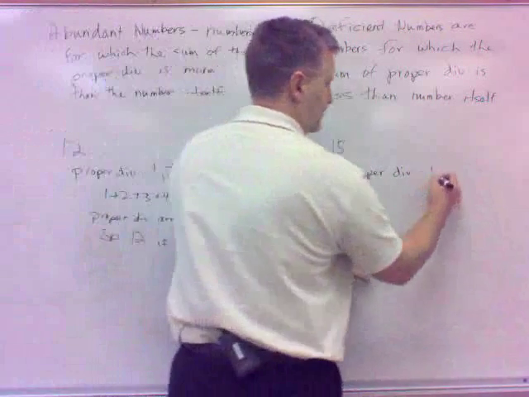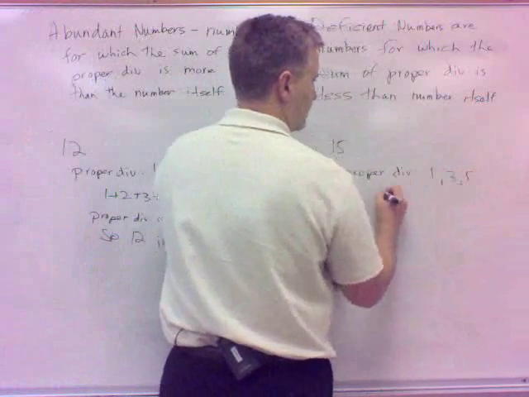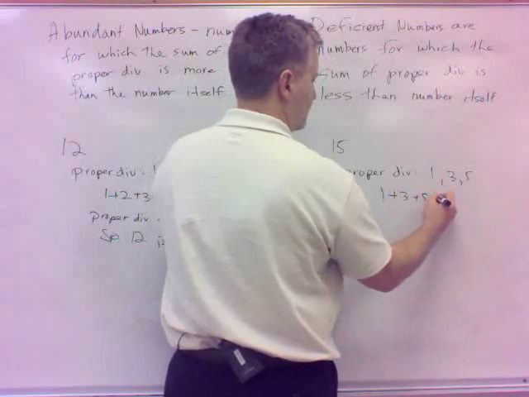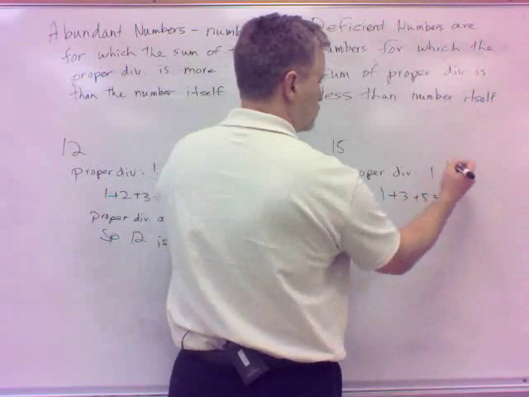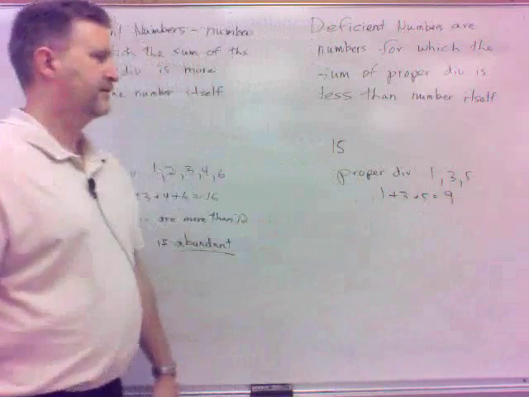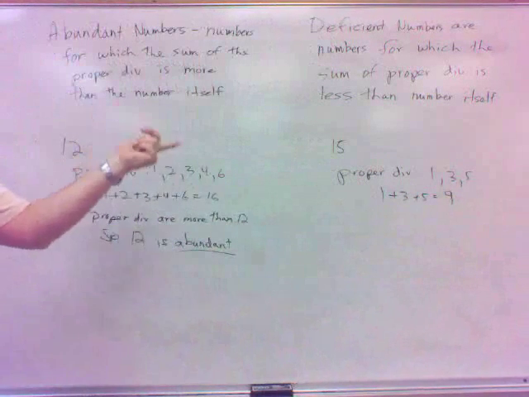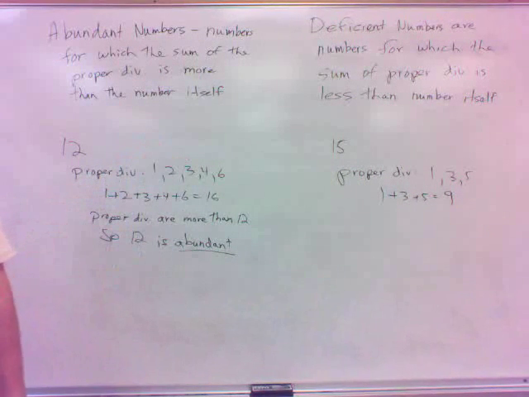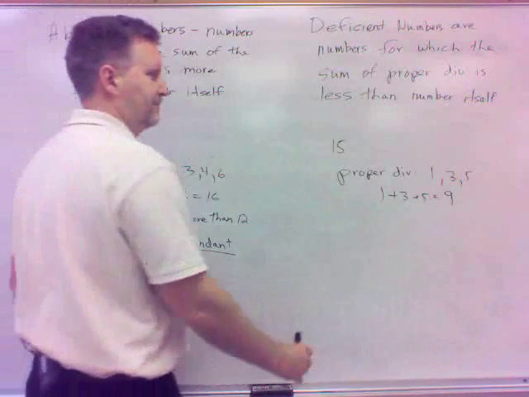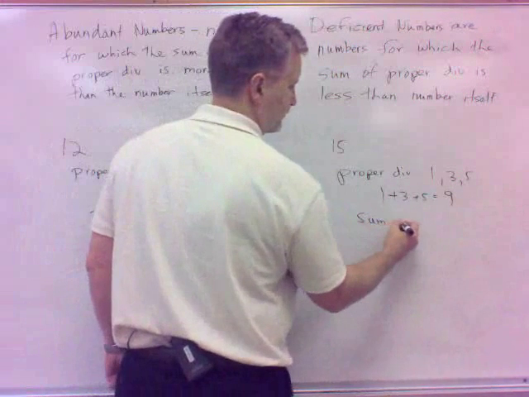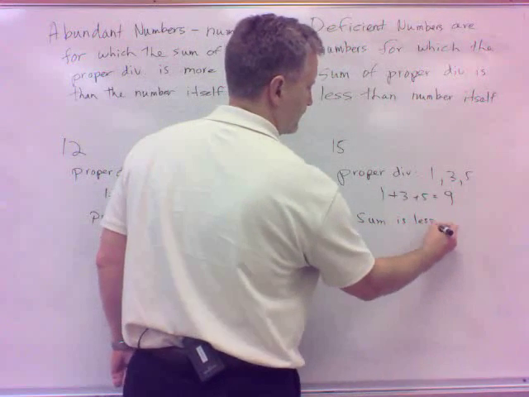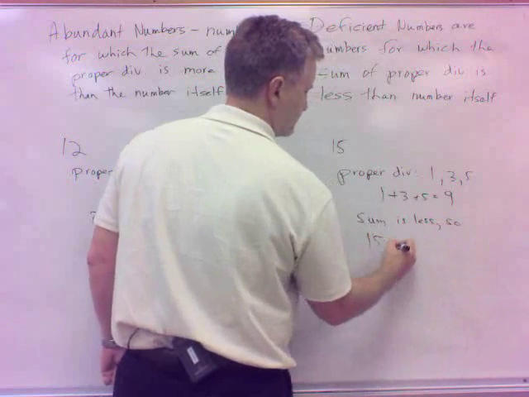That's it, isn't it? 1 plus 3 plus 5 gives me 9. So that sum is less than the number. That's deficient. 15 is deficient.